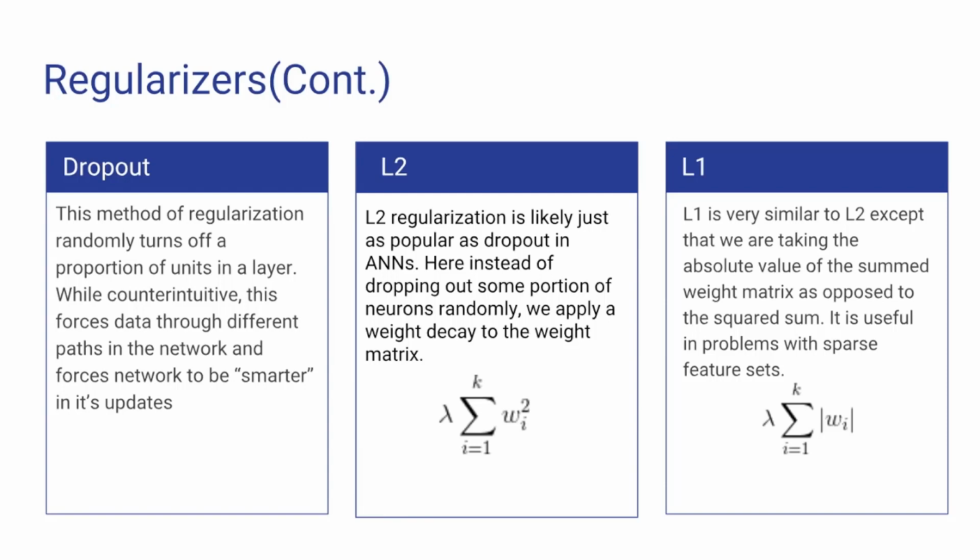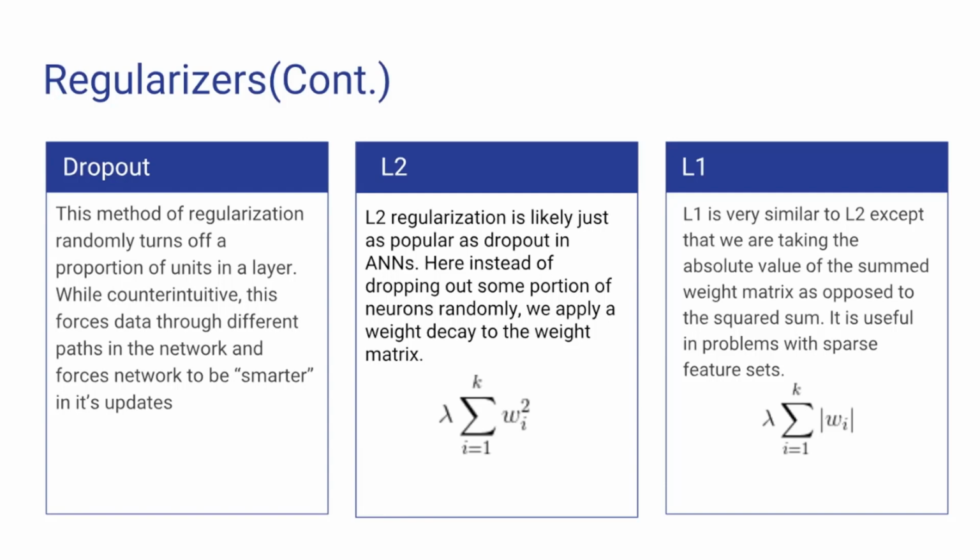We take a proportion of the neurons in each layer, and depending on what our dropout parameter is, let's say it's 0.5, we will drop out half of the neurons randomly, and then the next time we will drop out another half randomly. This forces the data through new pathways in the neural network and ends up in a smarter network that is hopefully learning much greater correlation between its learned parameters and the ground truth.